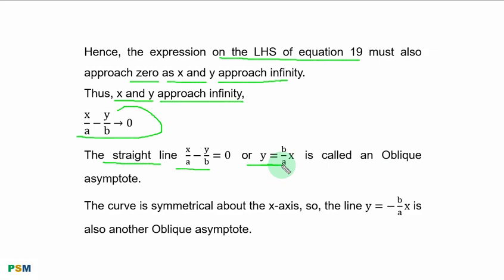So we are trying to derive the two lines that we have in the diagram earlier. The curve is symmetrical about the x-axis, so the line y equal to minus b over a x is also another oblique asymptote.